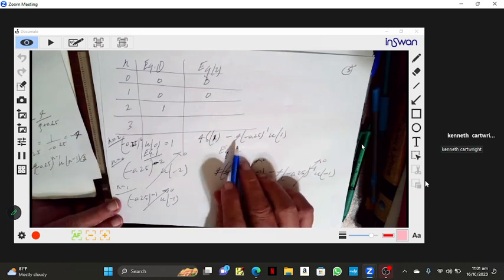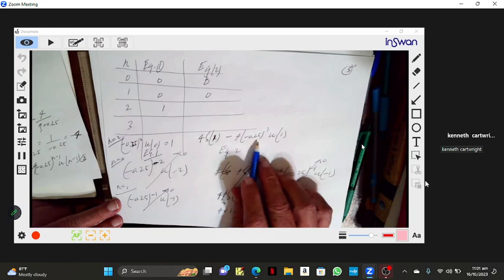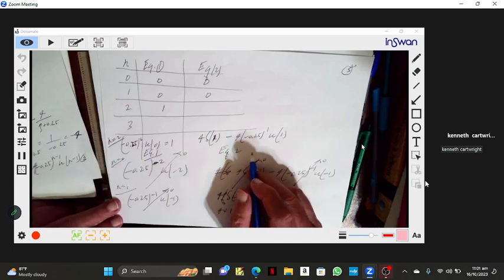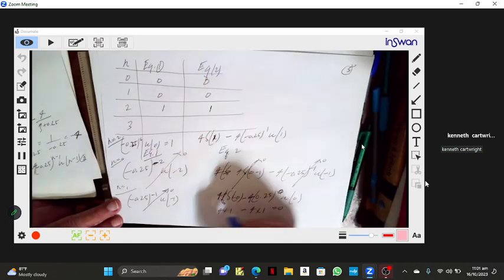So this is negative 4 times negative 0.25. That's 1. That's 1.